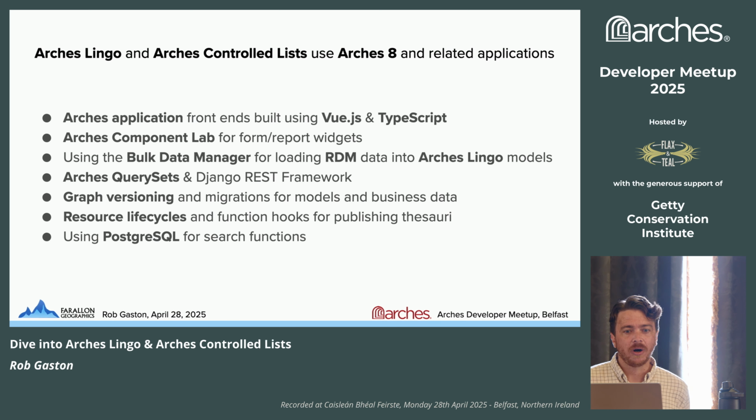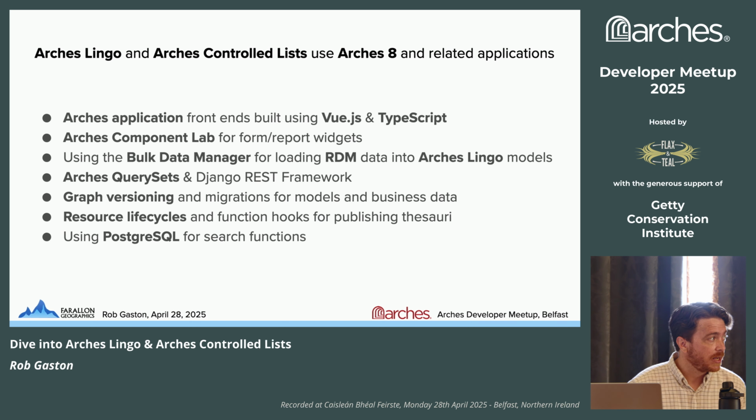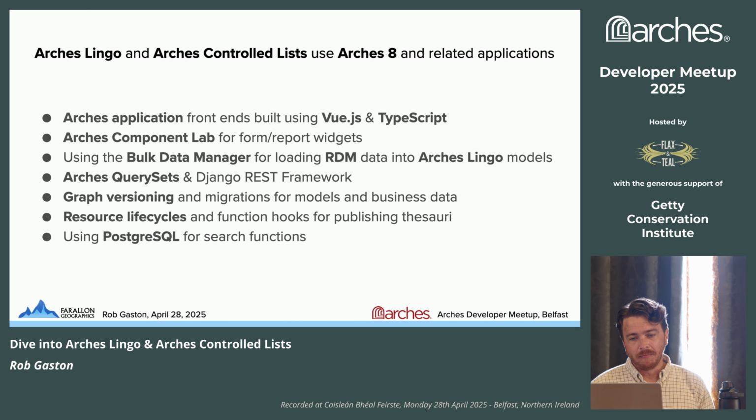There's a feature in Arches 8, which is graph versioning. This allows us to version graphs over time and have actual business data that are aware of what version of the graph they have been minted from. We're using that in Lingo going forward to actually migrate models.